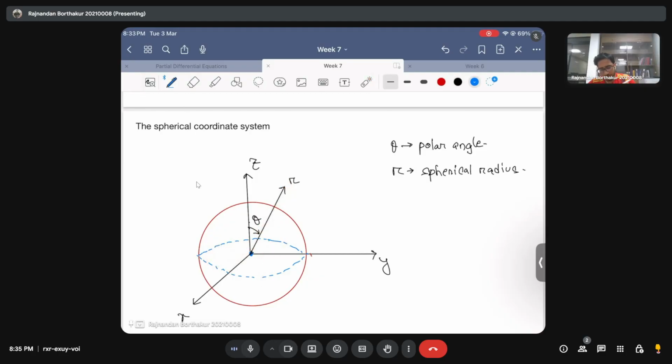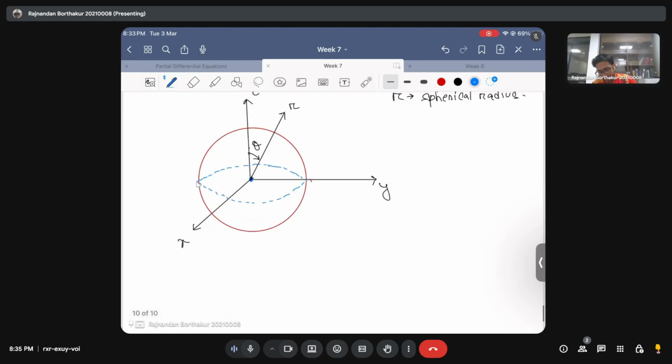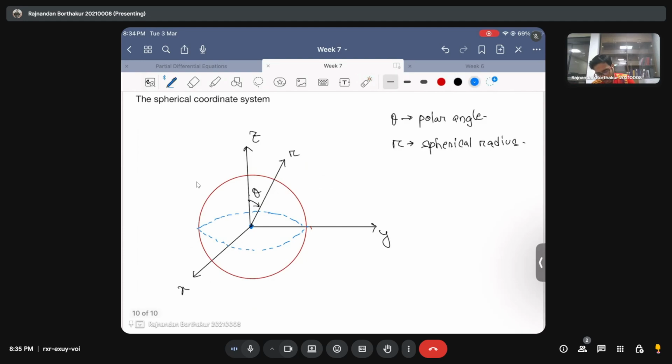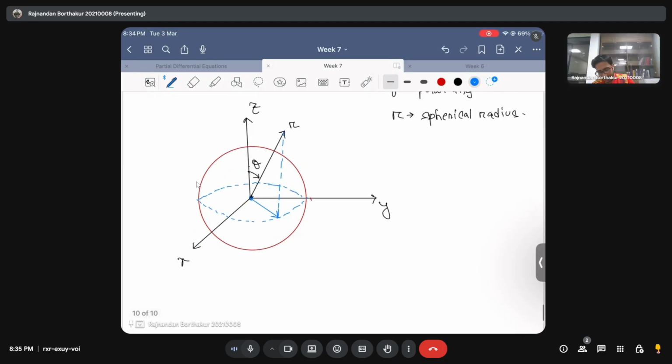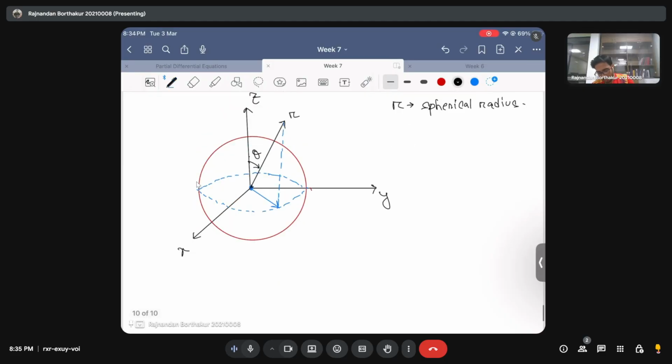So I hope you realize that this blue plane is in the XY plane. What I'm doing is taking the projection of R onto this blue plane, and then I'll get this distance. If you take a closer look, this blue arrow we call capital R, and this capital R is nothing but the cylindrical radius, because you know that the cylindrical radius always lies on the XY plane, right?